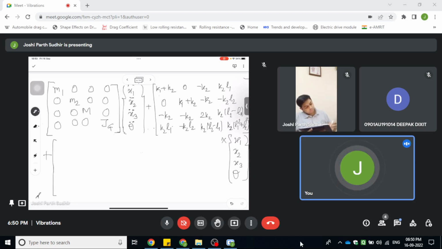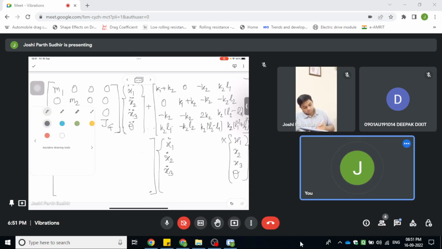And similarly we will get the matrix for the damping as well. So it will be multiplied by x1 dot, x2 dot, x3 dot, theta dot.